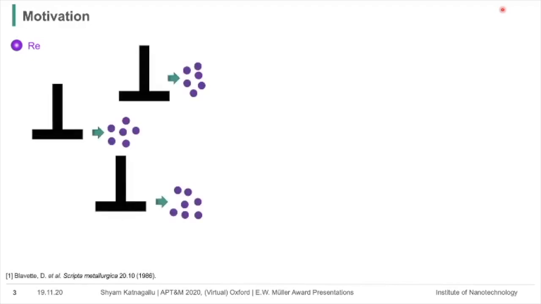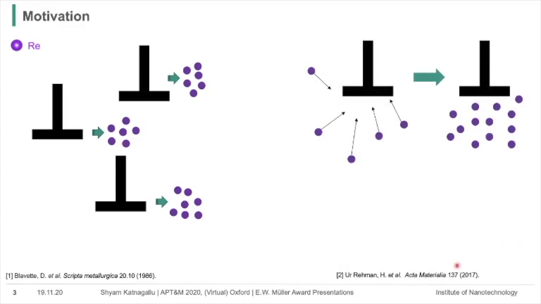And in this 1986 paper, it was suggested that rhenium actually forms these short-range ordered solute clusters, and it offers resistance to the movement of dislocations. But it was later suggested in this 2017 paper that actually the most likely mechanism is that rhenium would segregate to the dislocation, forming a Cottrell atmosphere and offering a solute drag to the movement of dislocations.